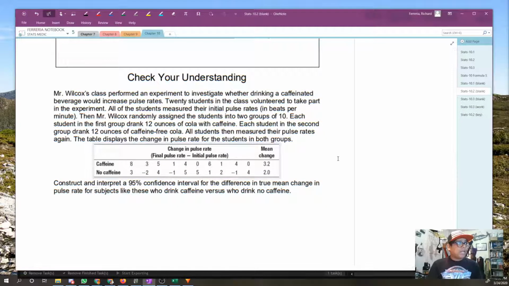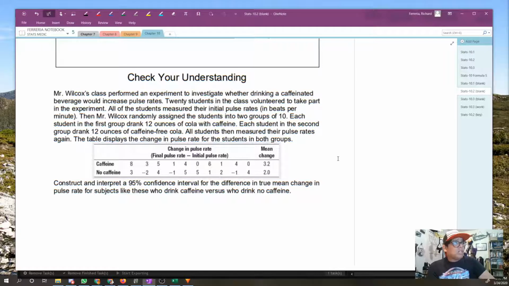Let's check our understanding. Mr. Wilcox's class performed an experiment to investigate whether drinking a caffeinated beverage would increase pulse rate. 20 students in class volunteered to take part in the experiment. All of the students measured their initial pulse rate in beats per minute.